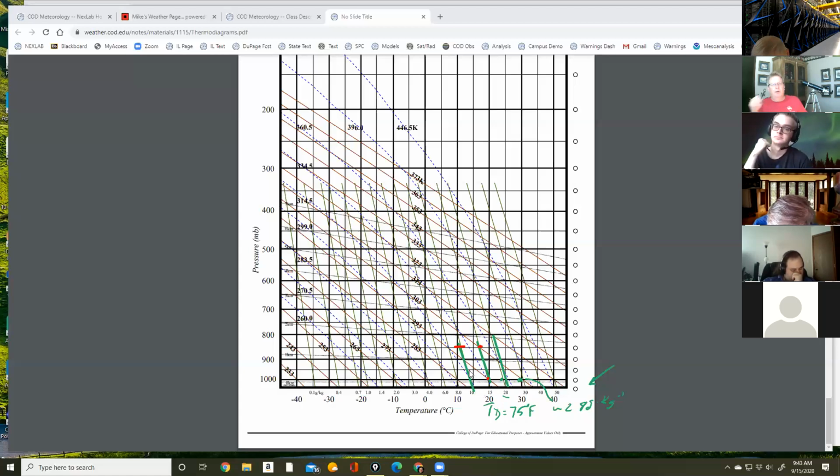Do you remember what the dew point lapse rate is? I'm thinking like 2 degrees per kilometer. That is correct. 2 degrees Celsius. So that's the slope of these mixing ratio lines.